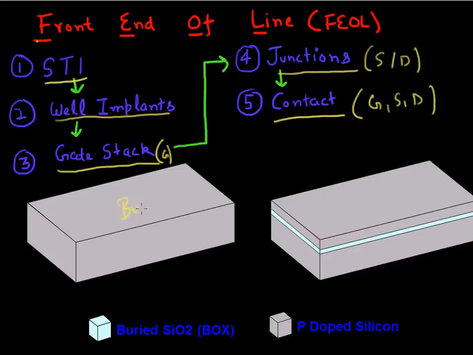So we can either go with this bulk silicon substrate as shown over here, or we can use this SOI substrate. And this SOI substrate essentially involves growing an insulating layer on top of your silicon. So this is the insulator layer, typically silicon oxide.